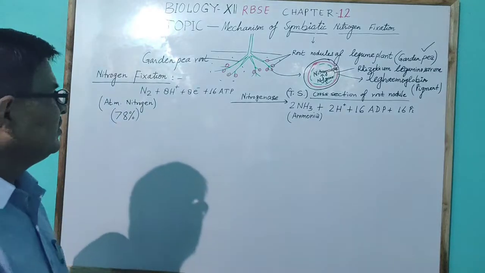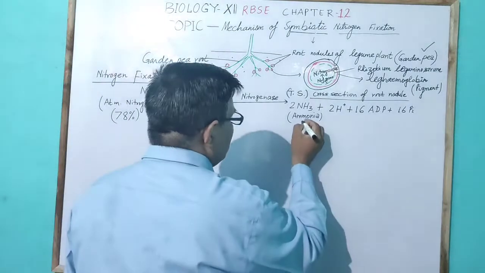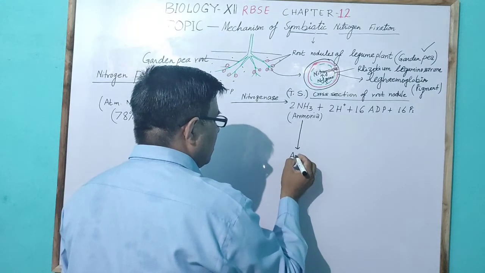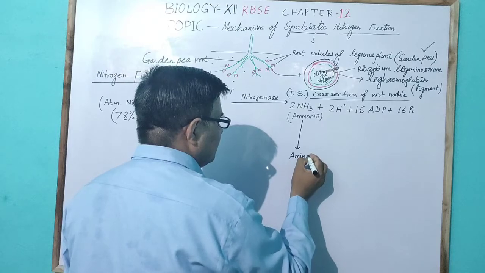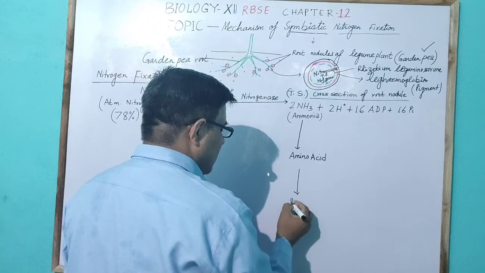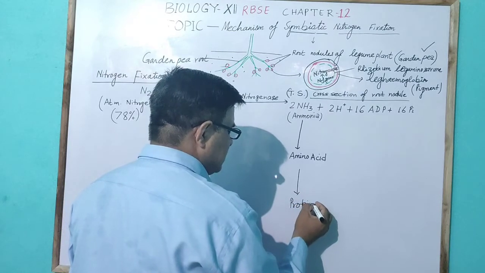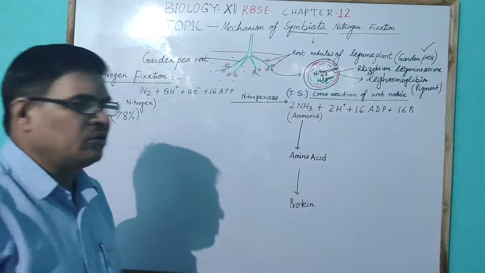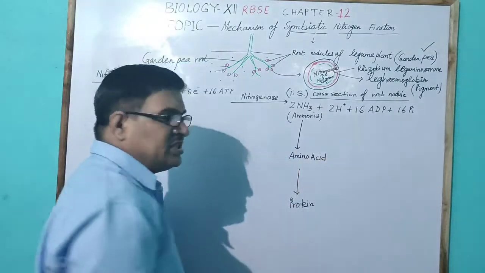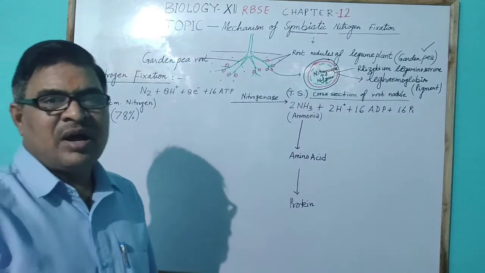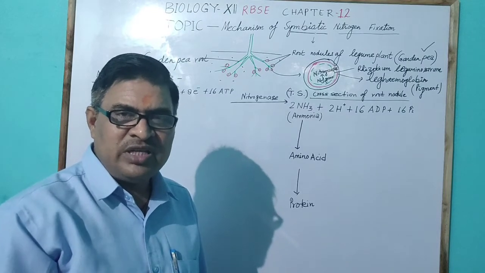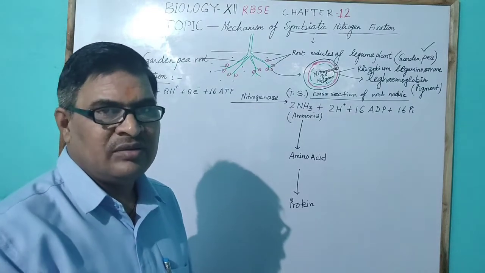In the complete mechanism, this ammonia changes into amino acid, and amino acid changes into protein. Ammonia is generally toxic for the plant, and a few plants absorb ammonia and ammonium ion.